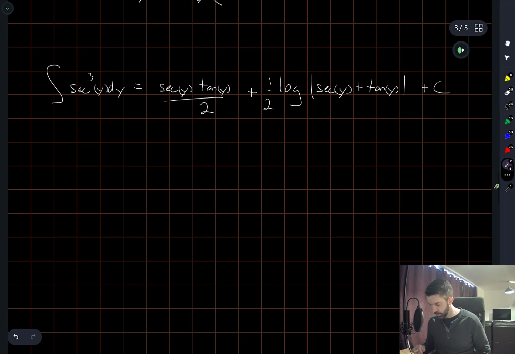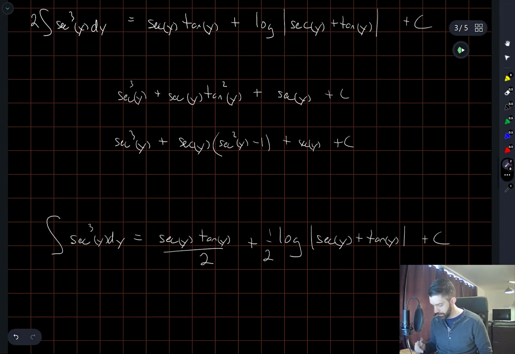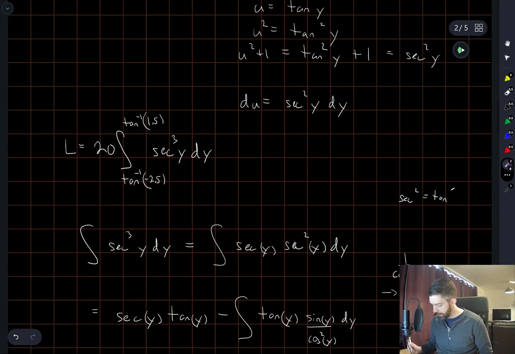Okay, so I've derived the antiderivative of secant cubed again here. I kind of forget why we needed that exactly.